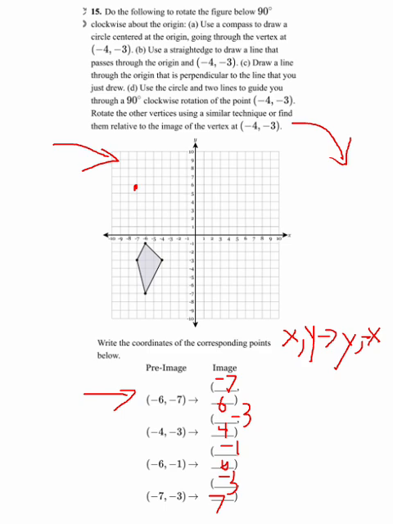So we have -3, 1, 2, 3, 4. I'm going to plot that at -3, +4. -1, 6. So go over -1. We're going to go 1, 2, 3, 4, 5, 6. Okay, and then our last point is -3, 7. So we go over -3, and we're going to go up this time to 7. And then we're going to draw the shape.